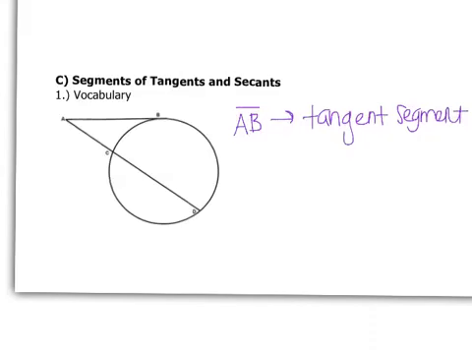If you look at segment AD, that segment touches the circle twice. So it is a secant, but because it is just a segment, we call segment AD a secant segment.